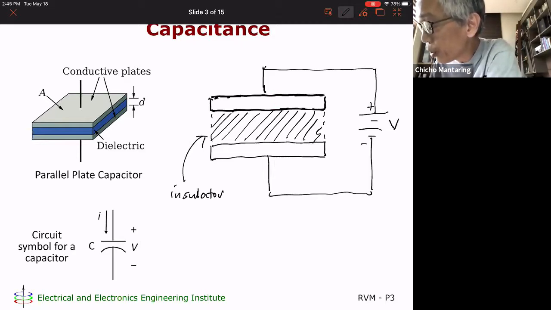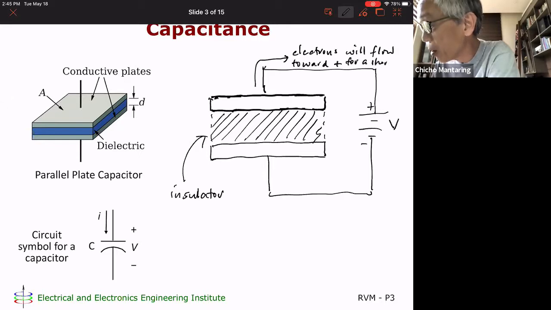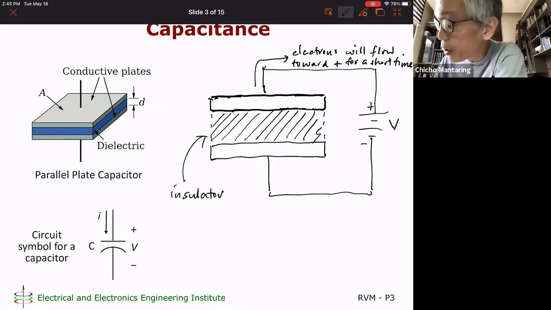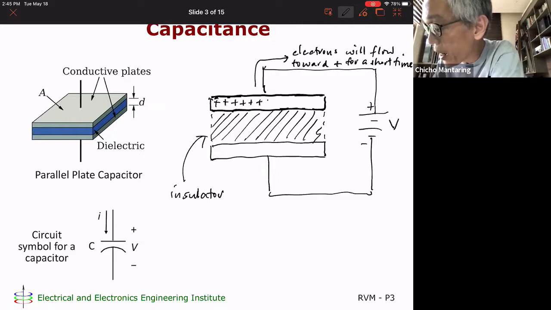So for a short time, electrons will flow in this direction, toward the positive. For a short time. And because electrons flow there, this becomes positively charged, kasi nawala yung electrons.